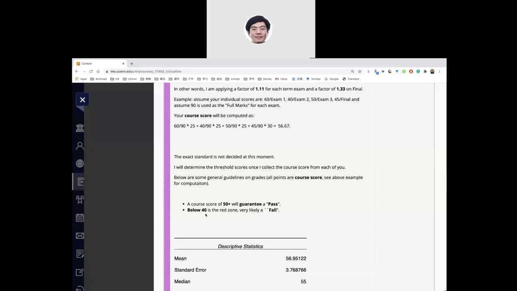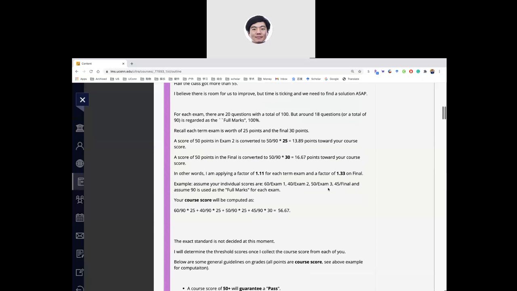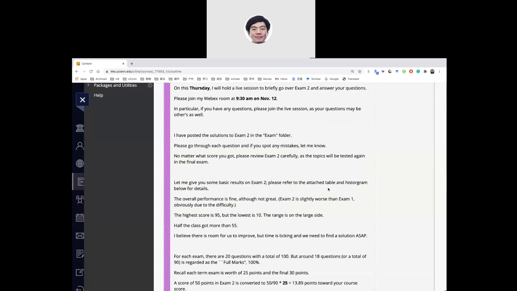But anyway, I think 50 would be a safe pass, and the boundary would be somewhere not far away from 50. That's because we already applied many factors, and even so it's 50, and not 60. So that's how the final grade will be given.